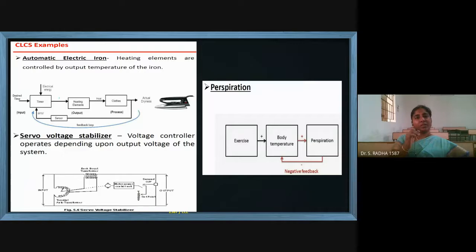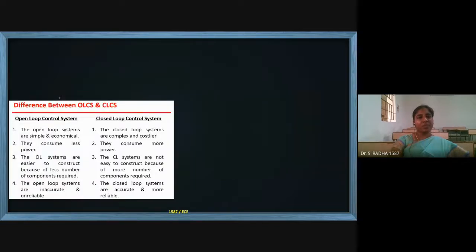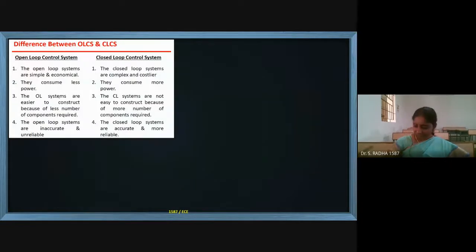There is some operation happening in order to meet the expected output. What is the expected output? Air intake is the expected output, and breathing is what should happen, and that depends on whether you are walking slowly or fast, or running, or after completing running half a kilometer.